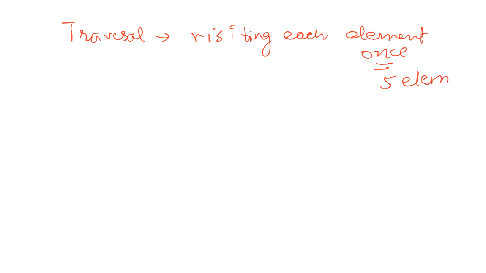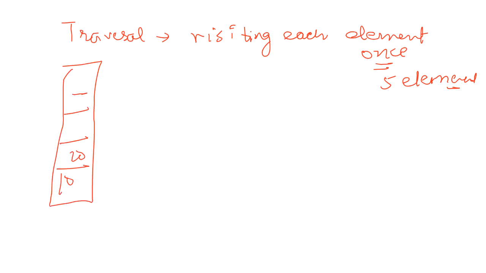That means traversal. If I say this is my array and these are the values, let us say 10, 20, 30, 40, 50, and the indexes are 1, 2, 3, 4, 5. Now, I have to traverse, which means I have to first look at this value, or read it, or print it, or perform whatever operation with the value.